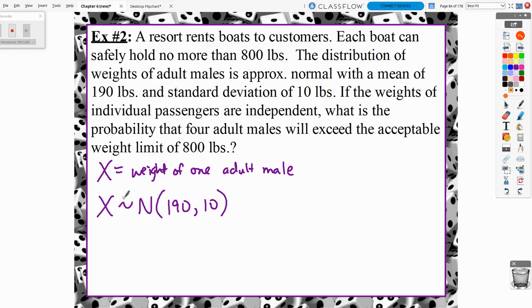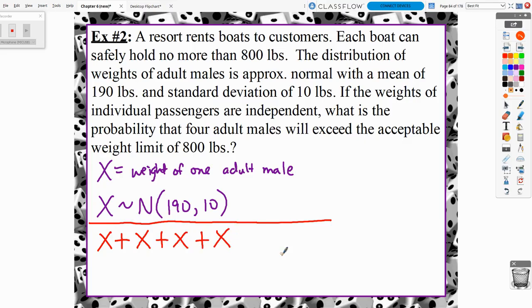And here's where we've got to talk about some differences between algebra and statistics. So I have this new combined variable where I'm going to take one adult male, an X, and add to that another adult male, an X, and another adult male, an X, and another adult male, an X. Now you might be going, well, hey, algebraically that's 4X.